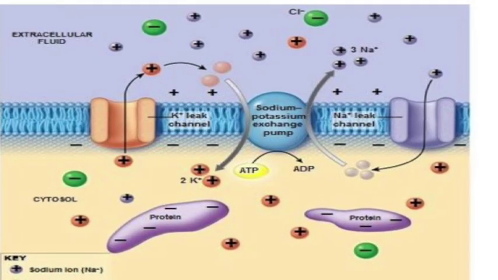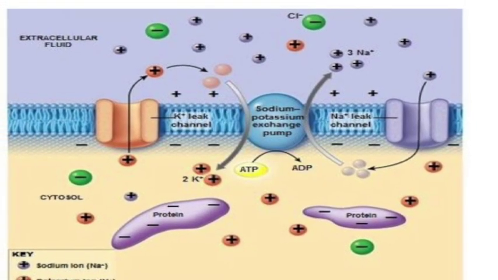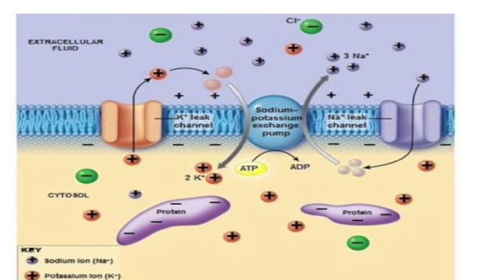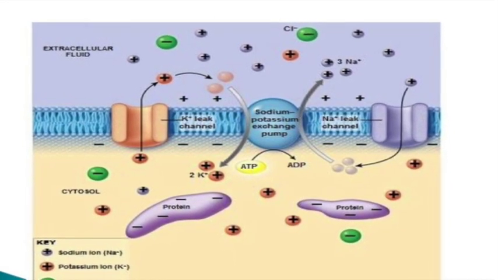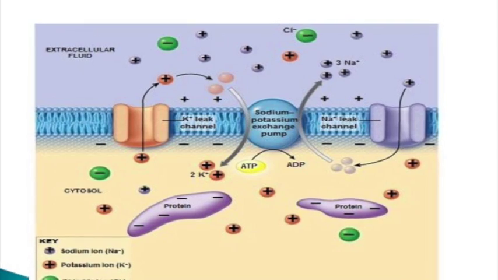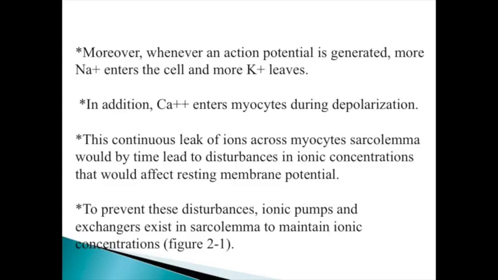Slide 28 shows clearly the leak channels for sodium and potassium, as well as the sodium-potassium exchange pump. Slide 29 shows how the sodium-potassium pump corrects the effect of leakage of ions across the myocyte cell membrane.